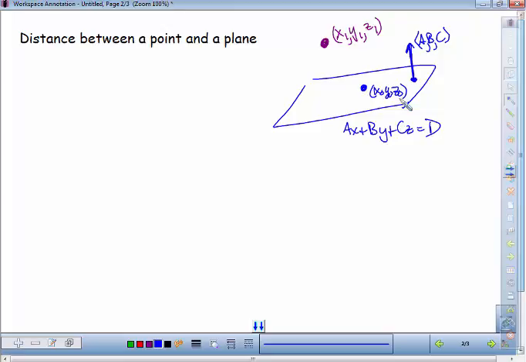Now, how are we going to find the distance between the point and the plane? We want this distance over here, the vertical distance, the perpendicular distance between the point and the plane.